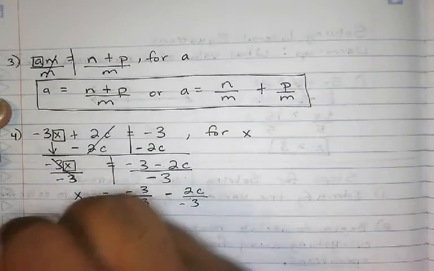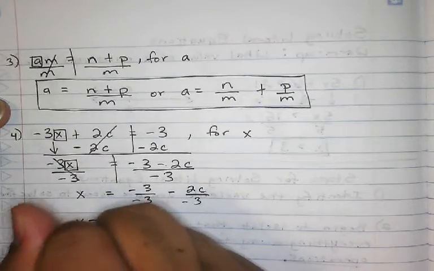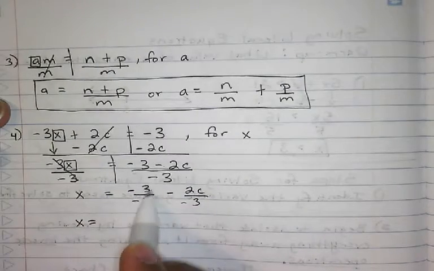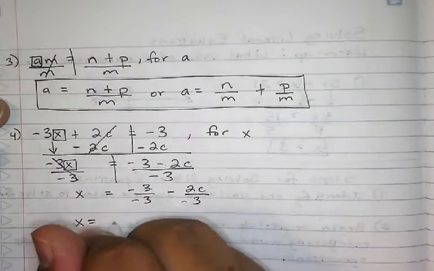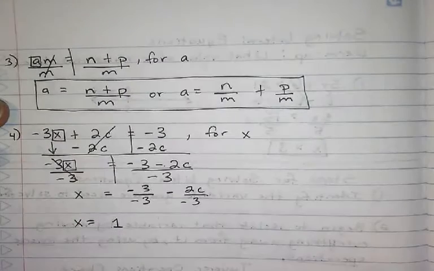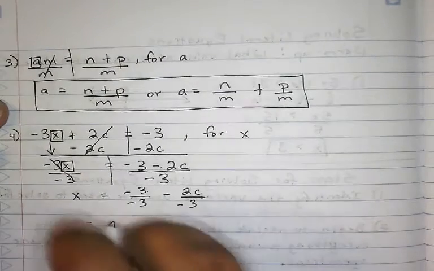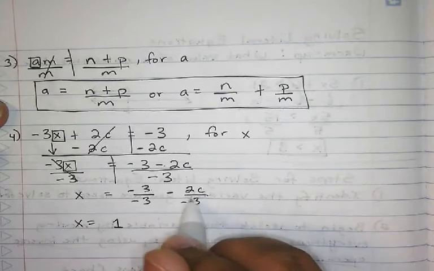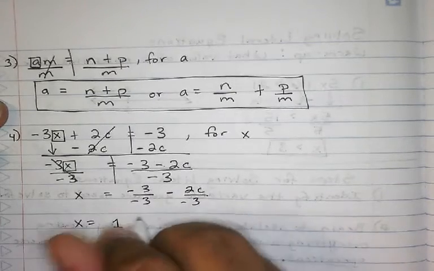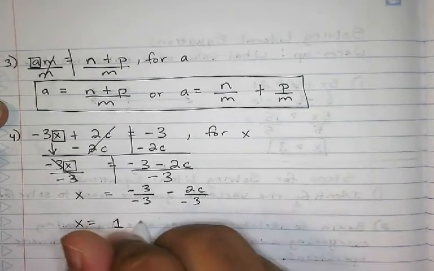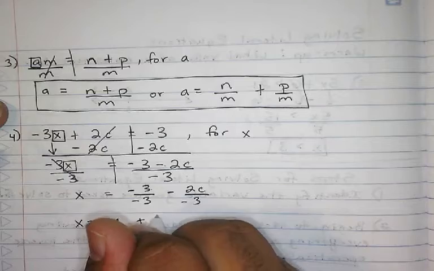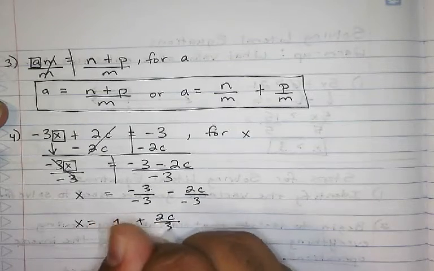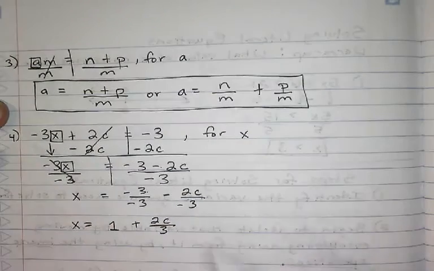That's not simplified yet. Negative 3 divided by negative 3 gives me positive 1. Negative 2c divided by negative 3 turns into a positive, because negative and negative is positive, so it's positive 2c divided by 3. All I did was simplify that.